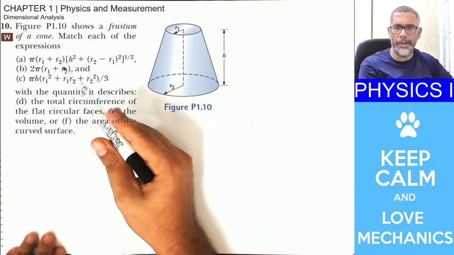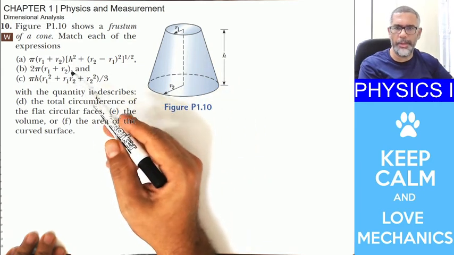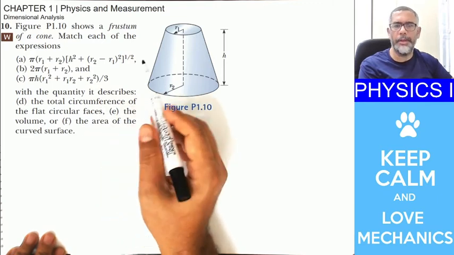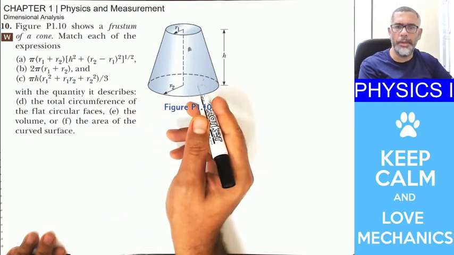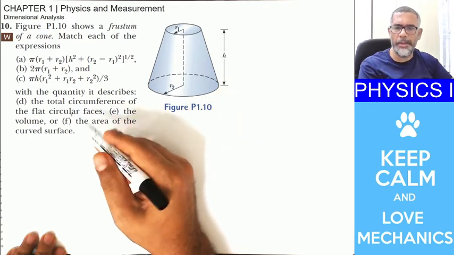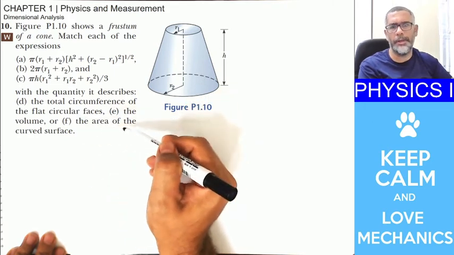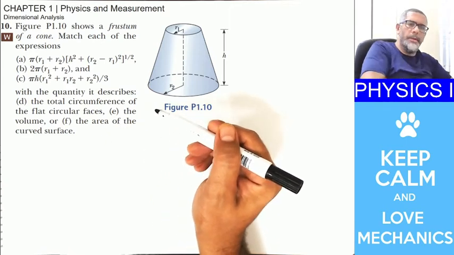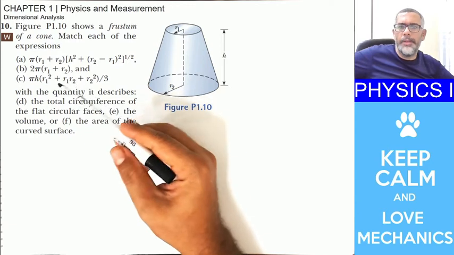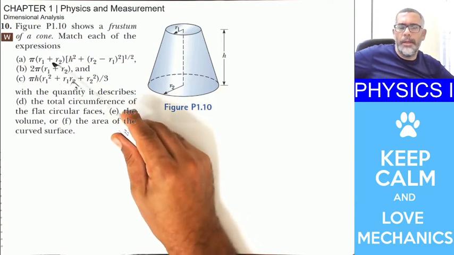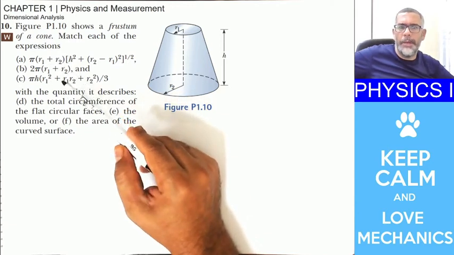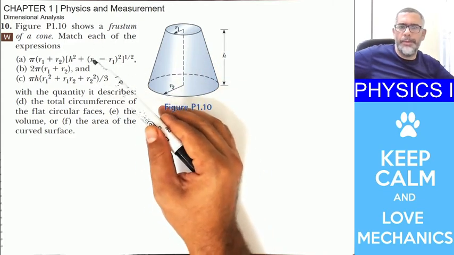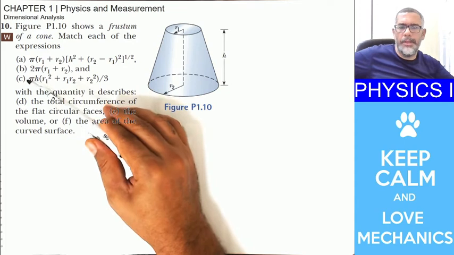And one of these three is the volume of the cone, and one of these three is the area of the curved surface. So which one is which? Obviously, what we do over here is we just analyze these three expressions dimensionally and find what the dimensions of the three expressions A, B, and C are.